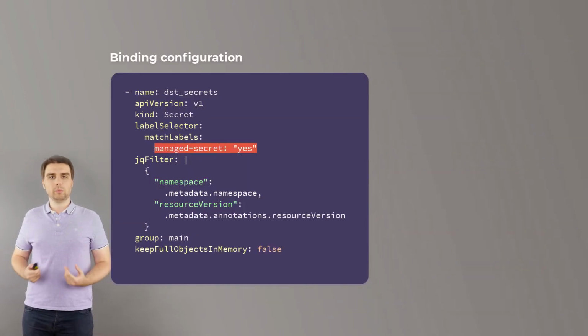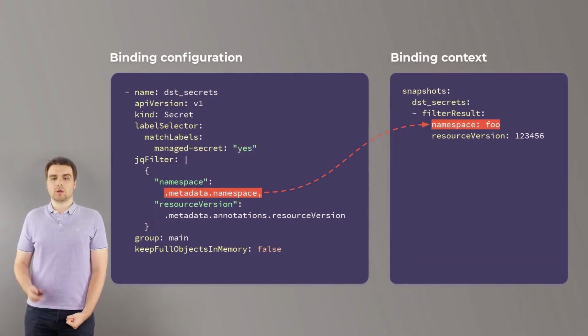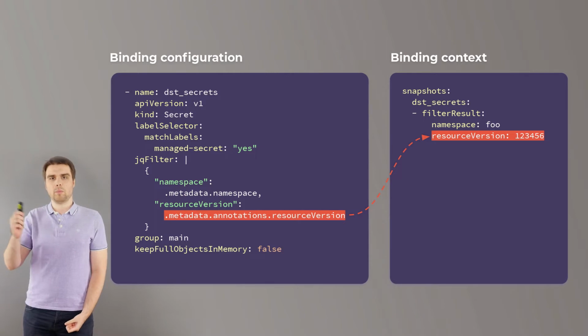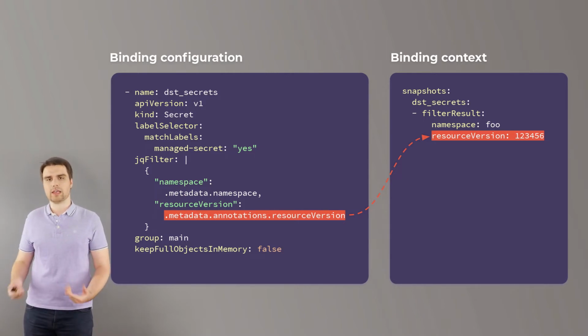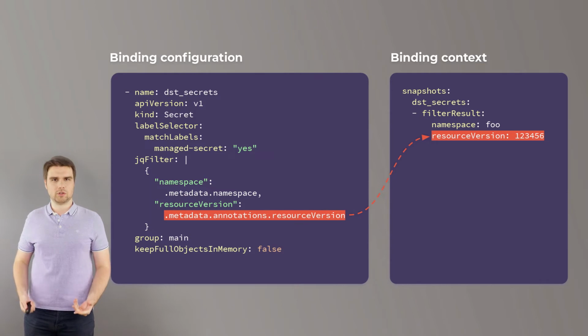We subscribe to all secrets with the managed-secret yes annotation label and pass it through a JQ filter, which contains the secret's namespace and a resource version that we pass into an annotation when we create a destination secret. We use resource versions and store them in the annotation of a destination secret to compare secrets.